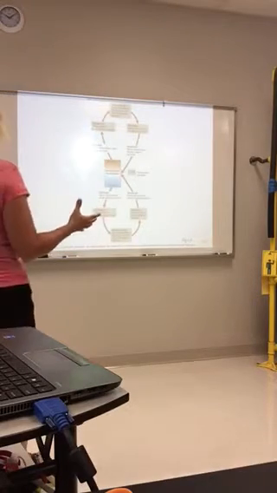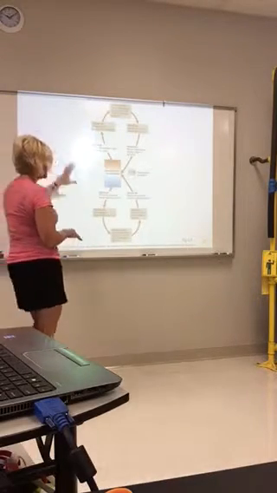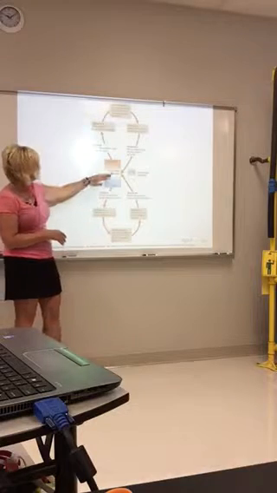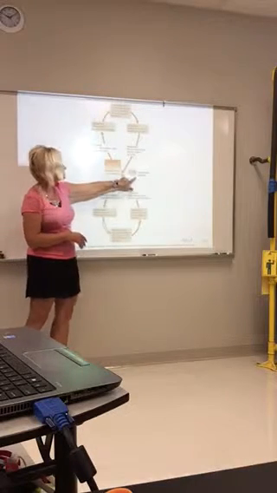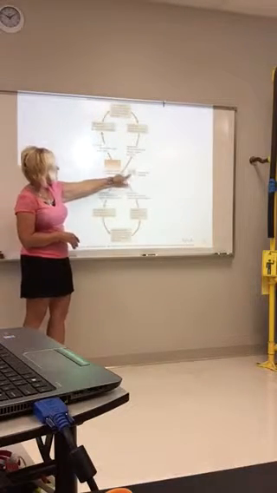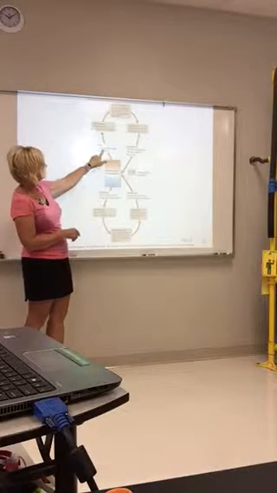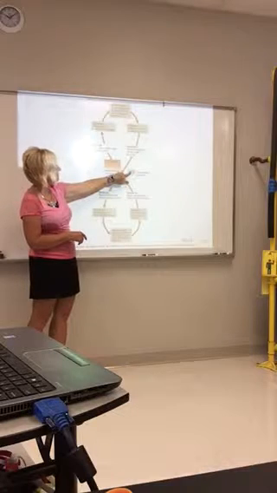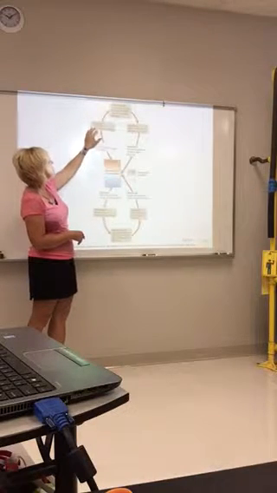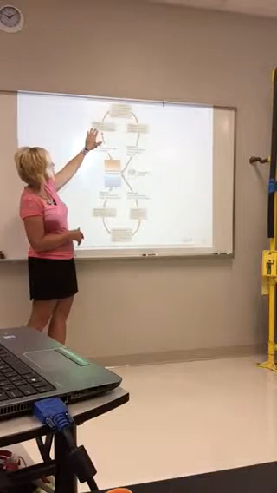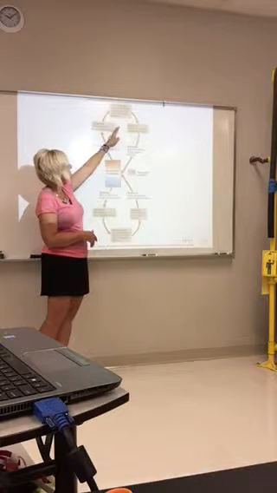So, example. This is in your book and on your notes. Normal room temperature: here's my thermostat, and it's set at 68. If it's too high, so my temperature has risen above 68, the thermostat detects a change. It's not where it's supposed to be.